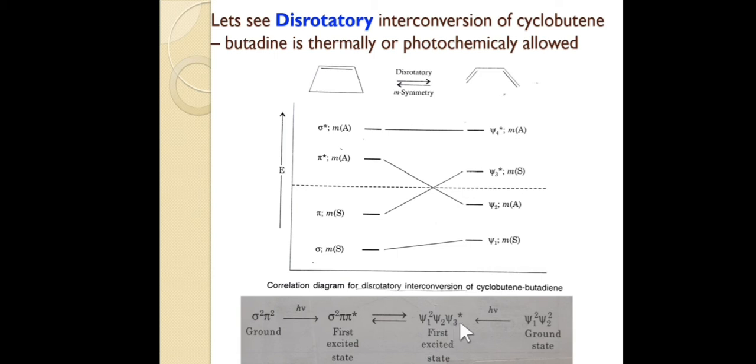So this concludes that this transformation is photochemically allowed. So for the conversion of cyclobutene to butadiene, this disrotatory motion is photochemically allowed. This is how we can draw the conclusion, and how we can construct the orbital correlation diagram for this transformation.